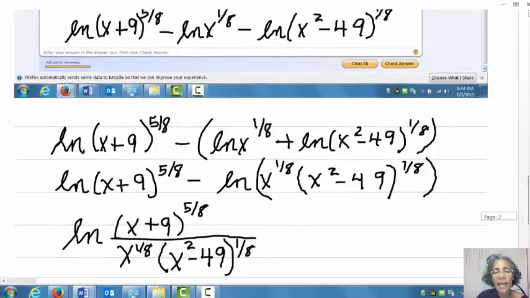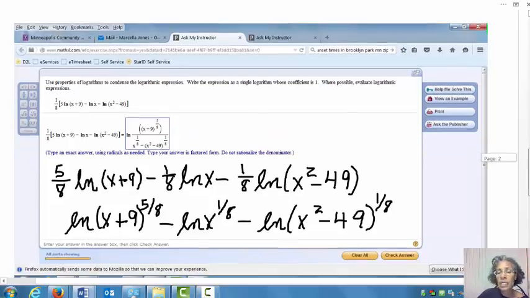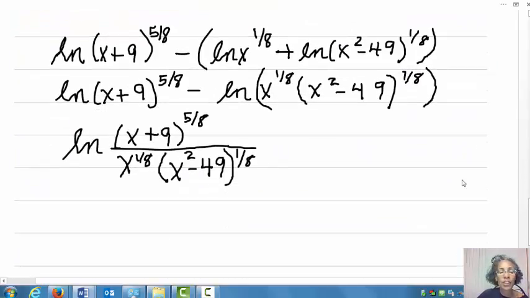Let's look back at the instructions. Notice when you look at the format that you're being asked to enter in, you're told to type in exact answer, use radicals as needed. Type your answer in factored form. Do not rationalize the denominator. So in other words, because I have a fractional power, I can use a radical.